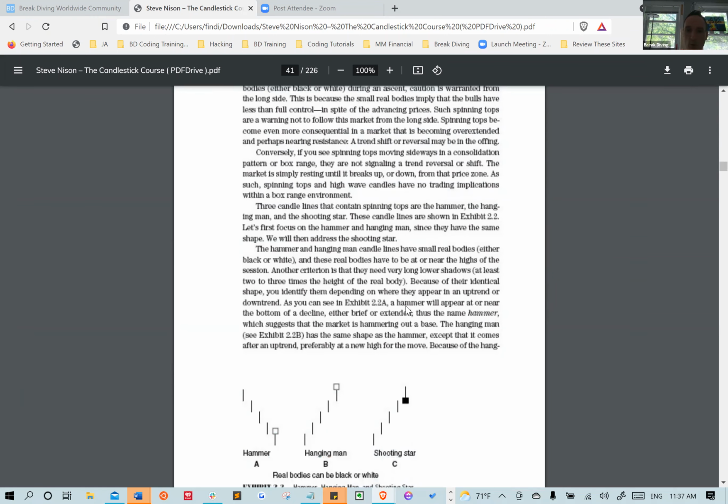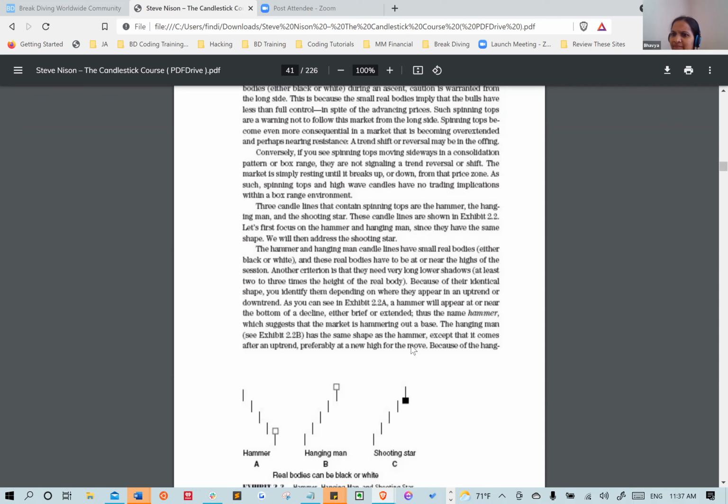Okay, a hammer will appear at or near the bottom of a decline, either brief or extended. The hanging man has the same shape as the hammer, except that it comes after an uptrend. Maybe the hanging man needs a short downtrend.